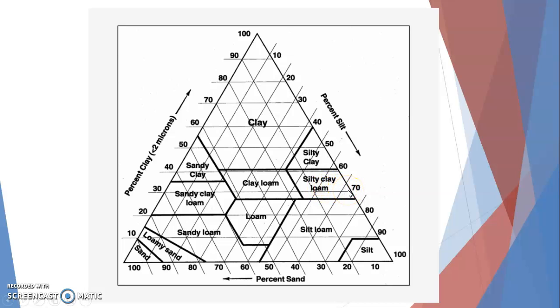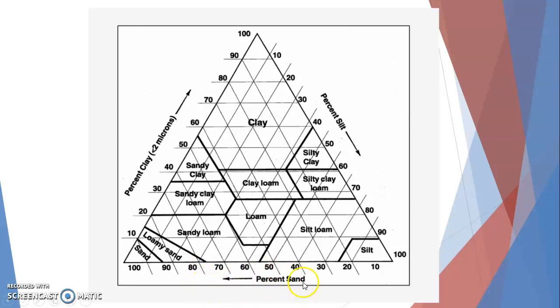So your clay goes from left to right. Now your silt goes from top to bottom. So I said that our clay was 30, and then I said that our silt was also 30. So you would find your silt, and you would follow the silt line at an angle down. So clay goes over, and then silt comes down.